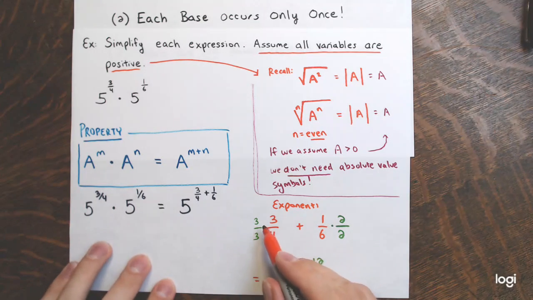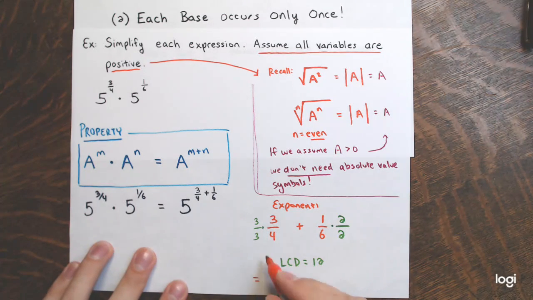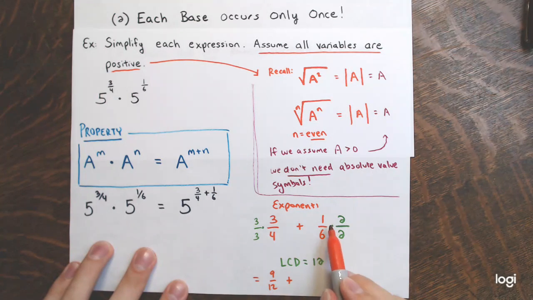Now this first fraction is 9/12, 3 times 3 over 3 times 4, plus 1 times 2 over 2 times 6, which is 2/12. And 9/12 plus 2/12, when you finally get that common denominator and you're adding, that common denominator stays, 12, 12, 12 here.